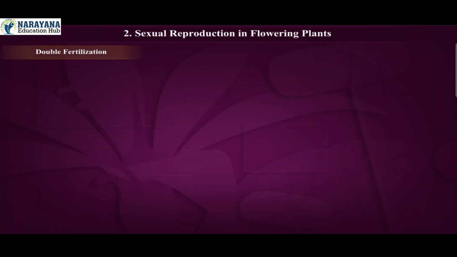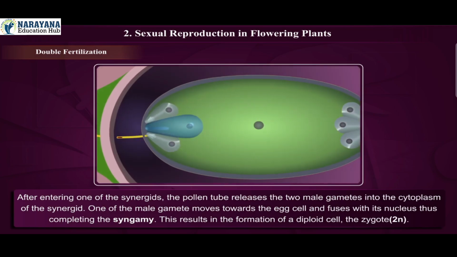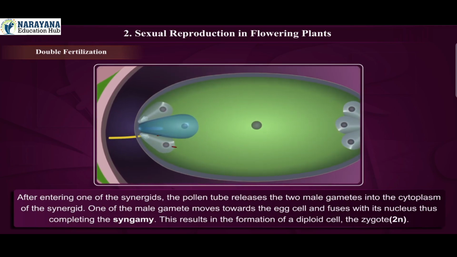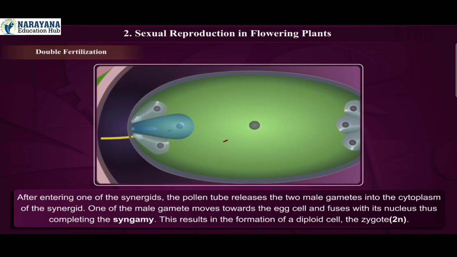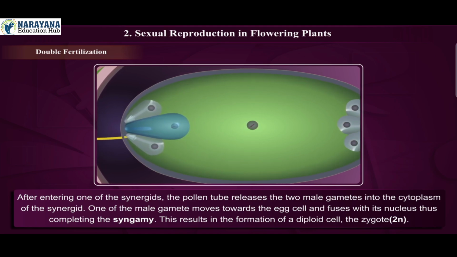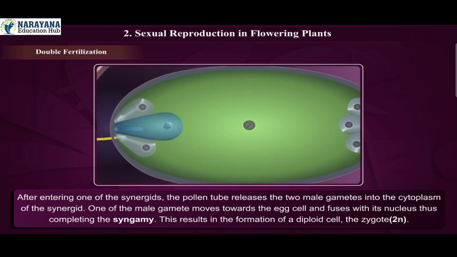Double fertilization. After entering one of the synergids, the pollen tube releases the two male gametes into the cytoplasm of the synergid. One of the male gametes moves towards the egg cell and fuses with its nucleus, thus completing the syngamy. This results in the formation of a diploid cell, the zygote, that is 2n.